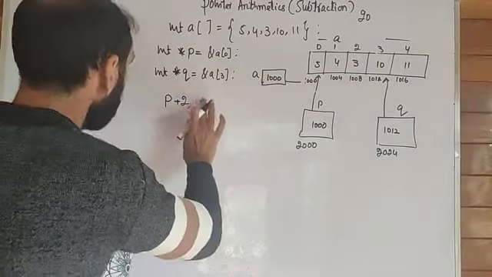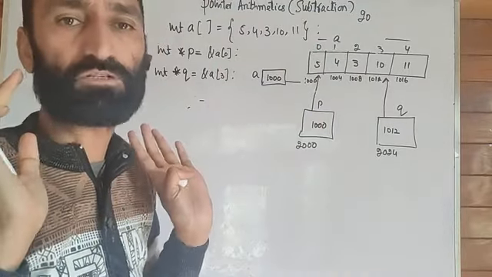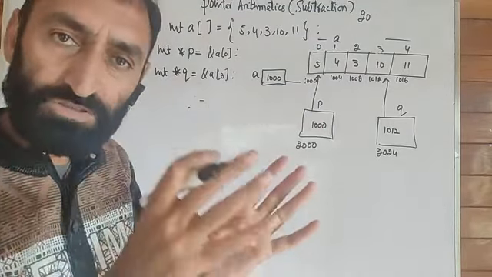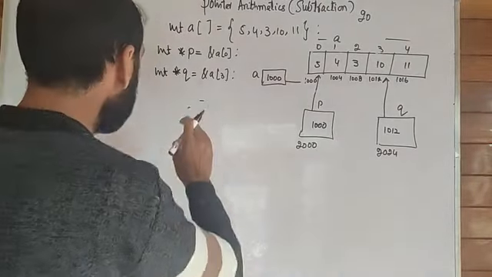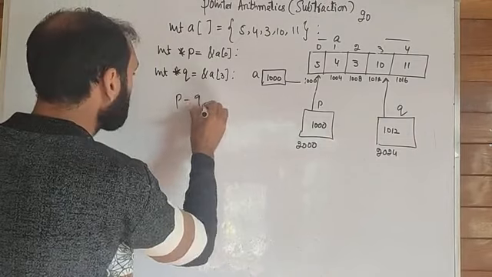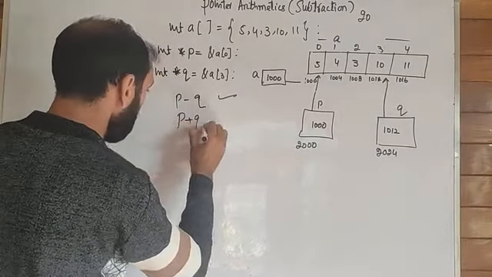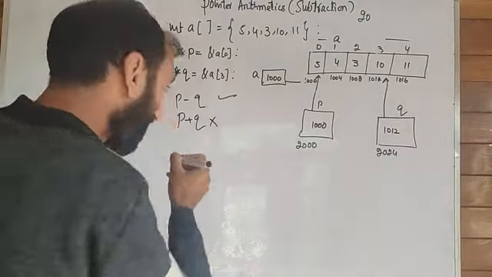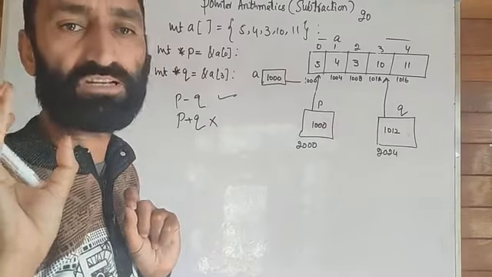But so far as subtraction of pointers is concerned, we can subtract two pointers directly. That means P minus Q is legal here, but P plus Q is illegal. We cannot add two pointers, but we can perform subtraction on two pointer variables.